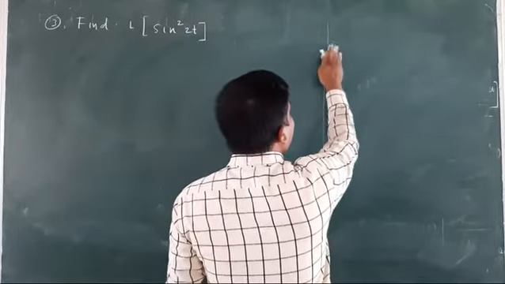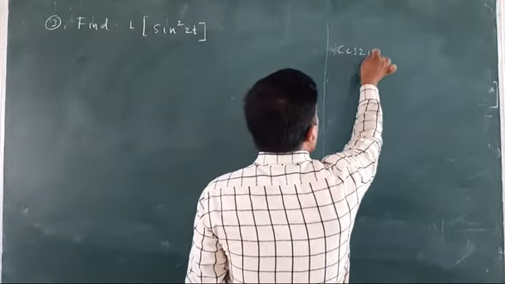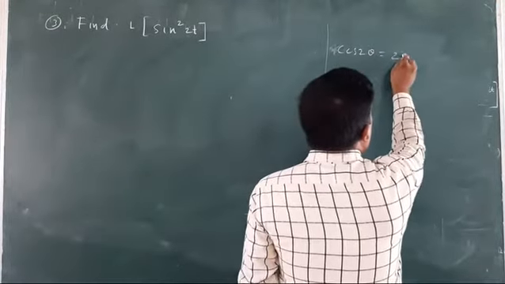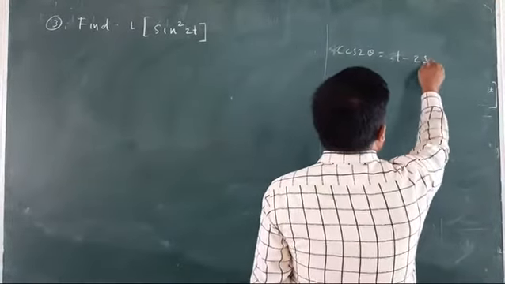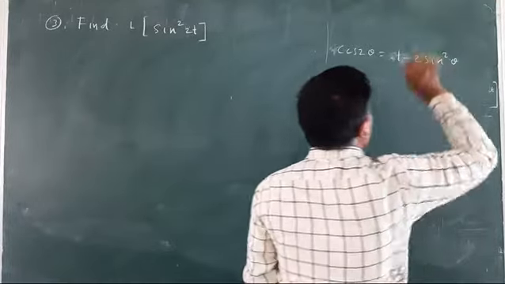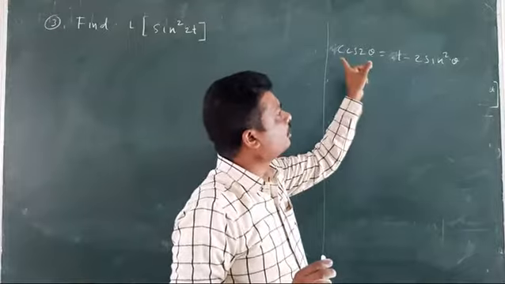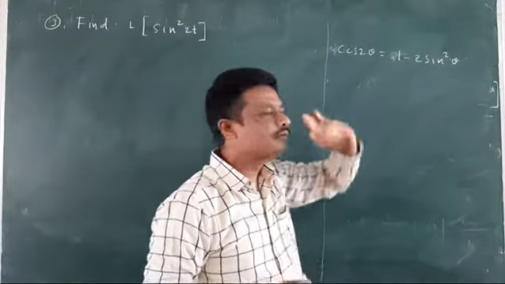We know that cos 2 theta is equal to 1 minus 2 sin square theta. So this is the formula for cos 2 theta in terms of sin.